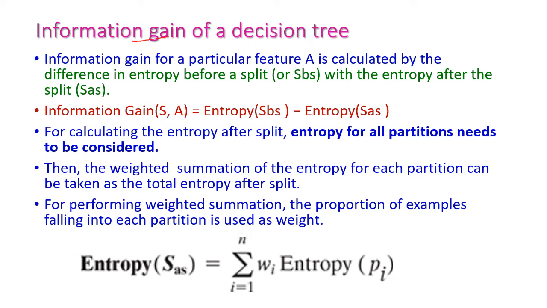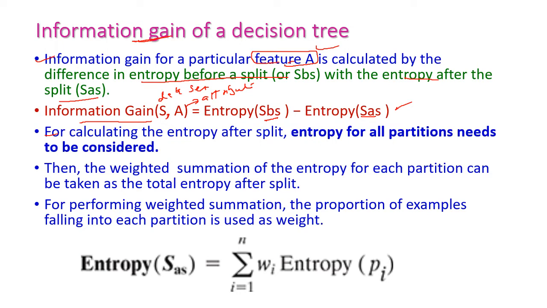The next one is information gain. Here the information gain for a particular feature A is the difference between entropy before split and the entropy after split. So the information gain of S comma A, where S is a data set and A is an attribute, is equal to entropy before split minus entropy after split.